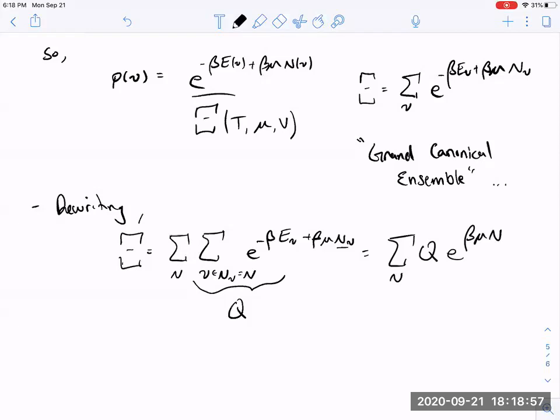So look at that, the same sort of structure as we found between omega and Q, namely that of a Laplace transform is uncovered. Namely, the grand canonical partition function is nothing but the Laplace transform of the canonical partition function, with that Laplace variable being beta mu.